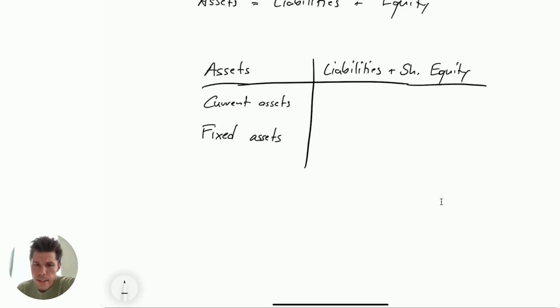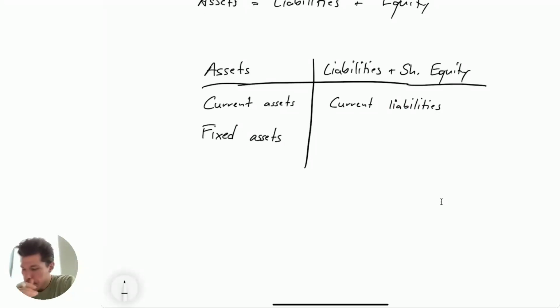On the liability side, again, you have current liabilities, and then you have non-current liabilities or long-term debt, and then you have shareholders equity here.